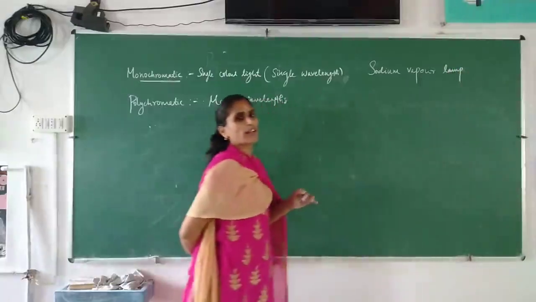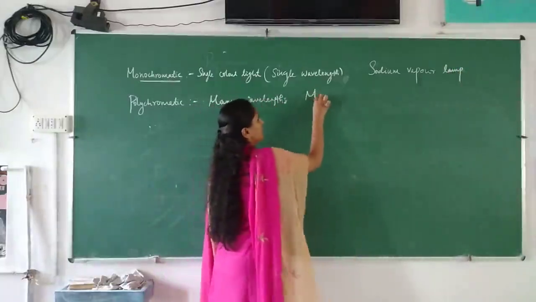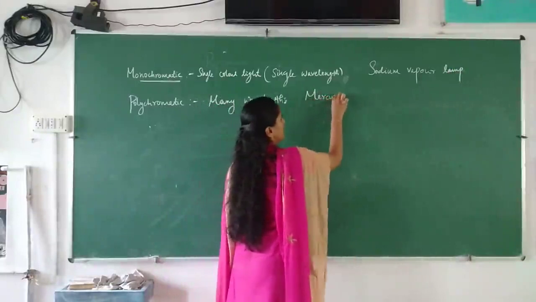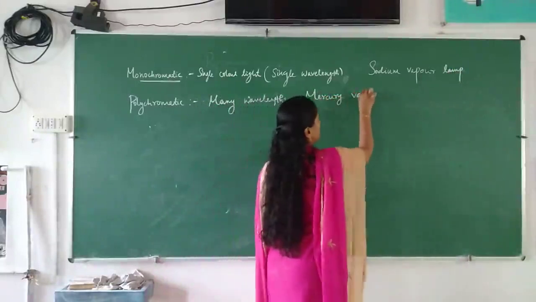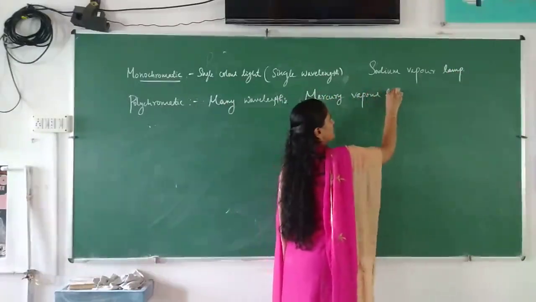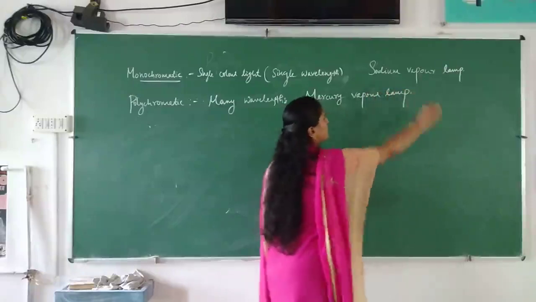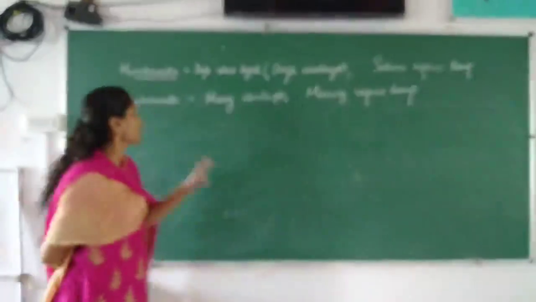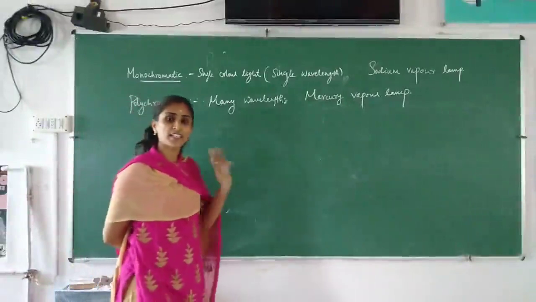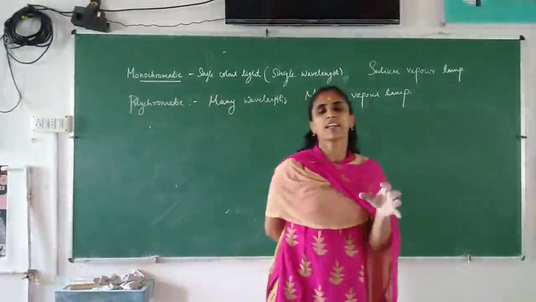An example of polychromatic light is mercury. So this dispersion takes place only for polychromatic light, which consists of many colors.